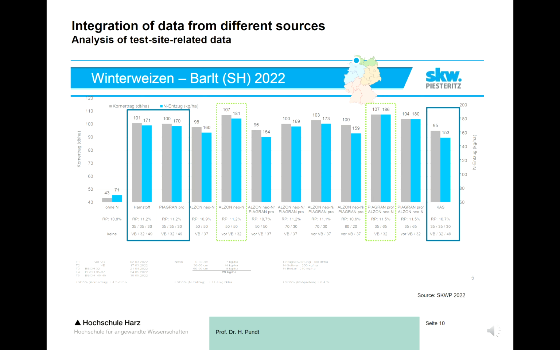If we now take into account the edaphic parameters and the weather parameters in combination with this data, one can interpret the data in terms of why we have better crop yield results on a specific site, whereas we have not so good crop yields on other test sites, even though we tried the same combination of nitrogen fertilizers.